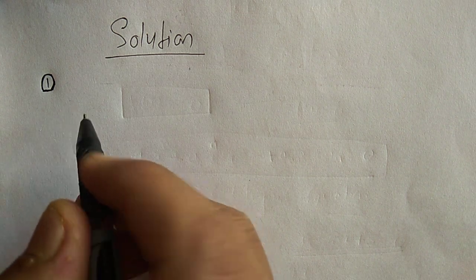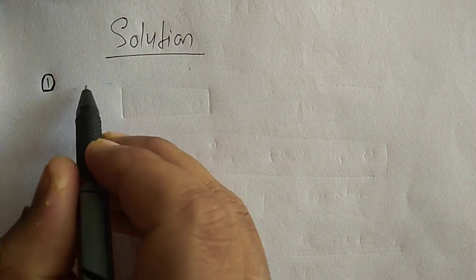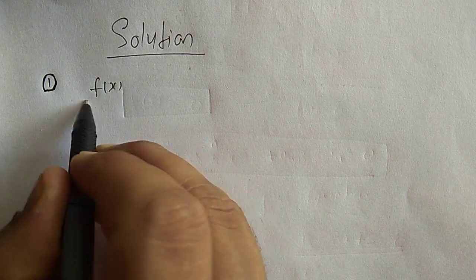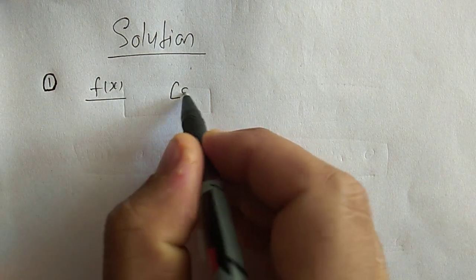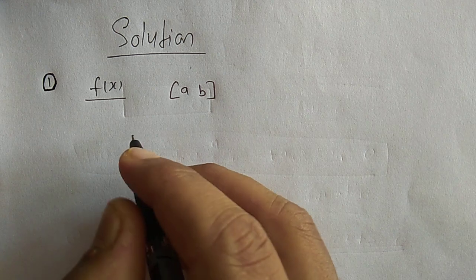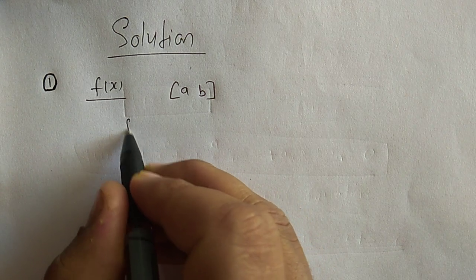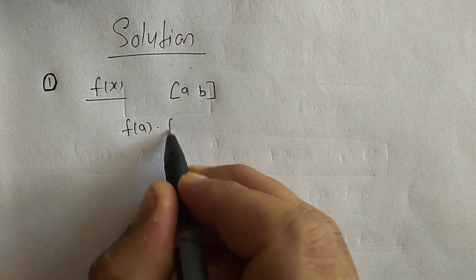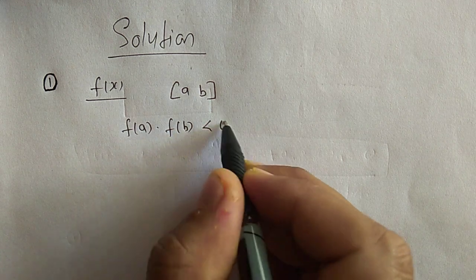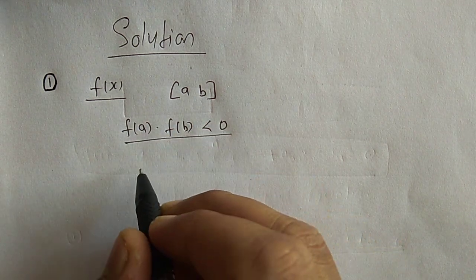Before going to the solution of these equations, I have a few properties of roots of these equations. So first, let f of x be defined on the closed interval [a, b]. Then if f of a into f of b is less than 0, the product is negative.